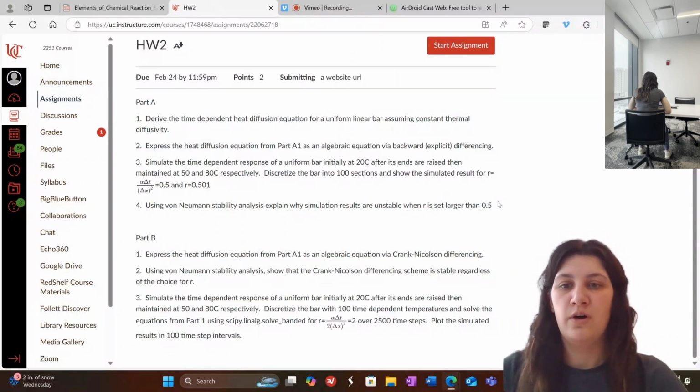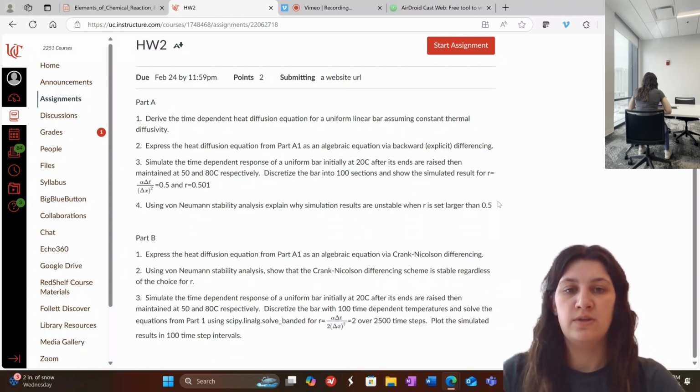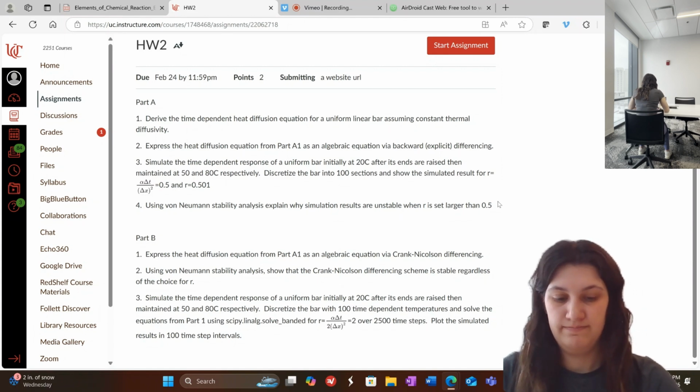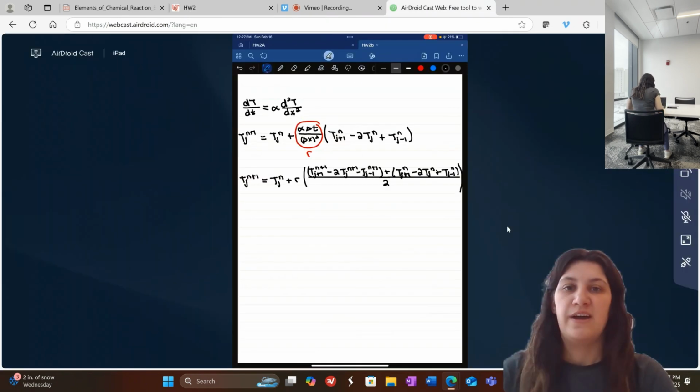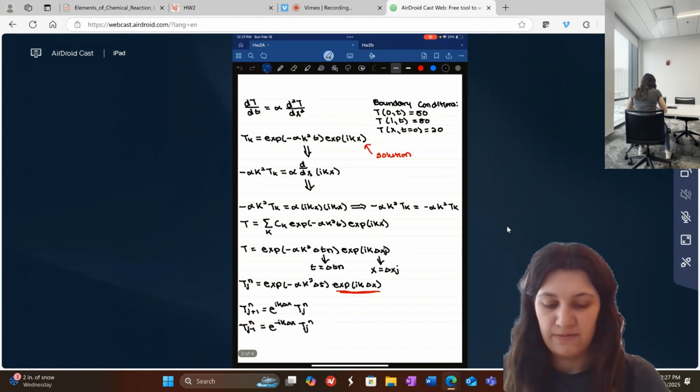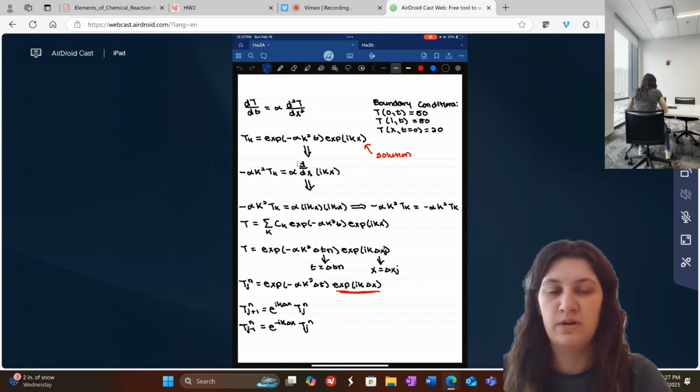Now we are ready to move on to Part 2. This states, using von Neumann stability analysis, show that the Crank-Nicolson differencing scheme is stable regardless of the choice of r. If we remember from Part A, what we found was that this expression here is a solution to our derivative here.